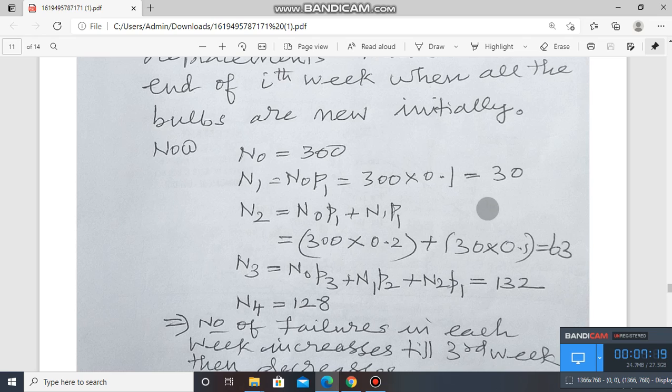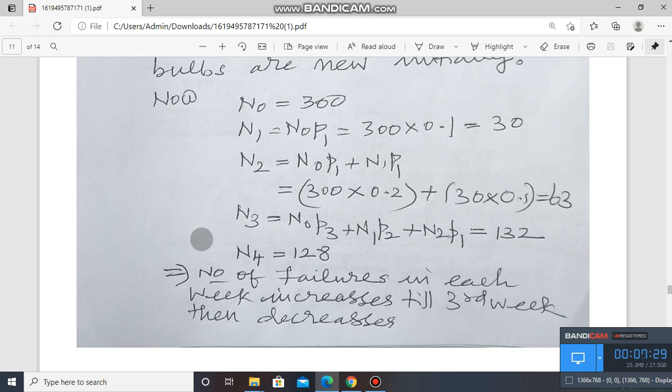So at the beginning 300 bulbs, at the end of the first week 30 bulbs, at the end of the second week 63 bulbs going down. Then at the end of the third week, N3 is N0 P3 plus N1 P2 plus N2 P1.